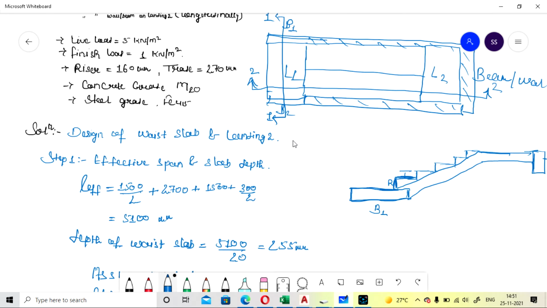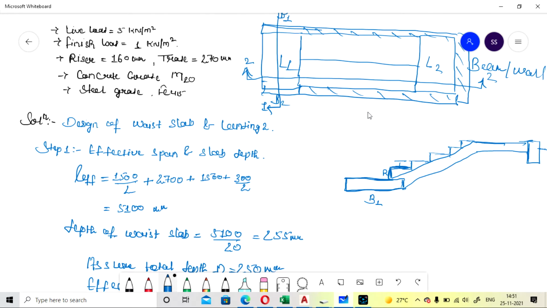So we are to find the effective length for section 2 for the design of steel for flight 1 and for landing 2. So this length is, the landing width was 1.5 meter here. Similarly, for landing 2 it is 1.5 meter, and this beam or wall, whatever is present in your condition, is 300 mm. For me it is 300 mm.